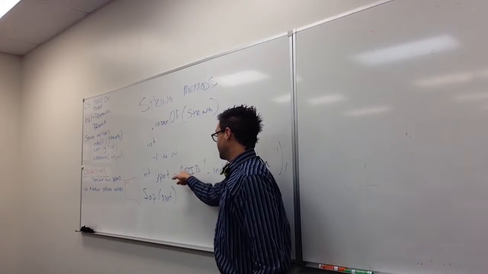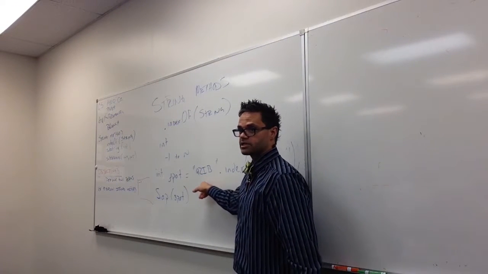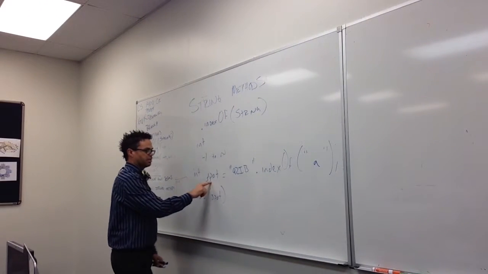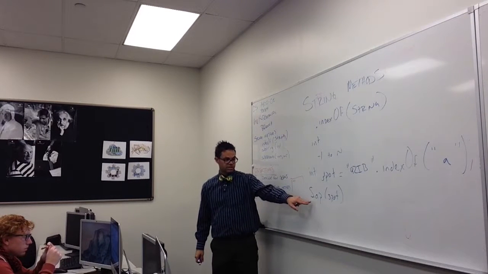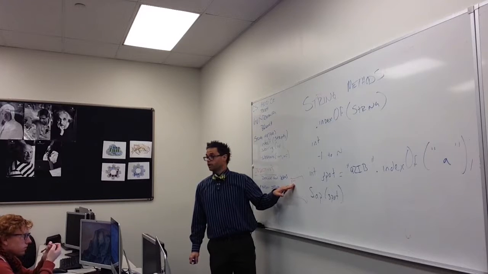And since the index of this, where is the index of that? Is nowhere inside there. It returns a -1 into spot. And then when I print that out using system.out.println, passing it spot, I get a value of -1.